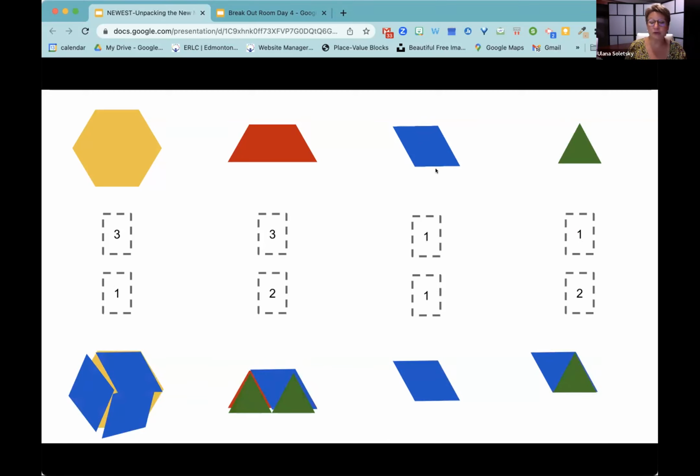If the blue was 1, then the green is 1/2 of the blue, the red is 3/2 of the blue, and the yellow is 3 wholes.